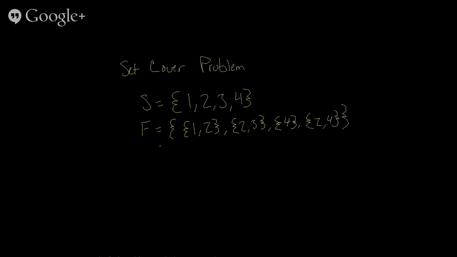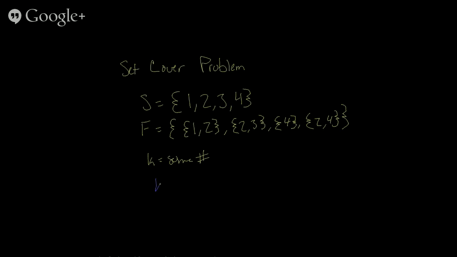Okay, and the question is, is there some set, with k equal to some non-negative integer, that is k elements large or less, of subsets from F, that if you union them together, you will get S. So let's say, for example, k equals, let's see, what's the smallest number here? We're going to need 3. If we have k equals 3, let me put that all in a different color so I can show you what I'm talking about.